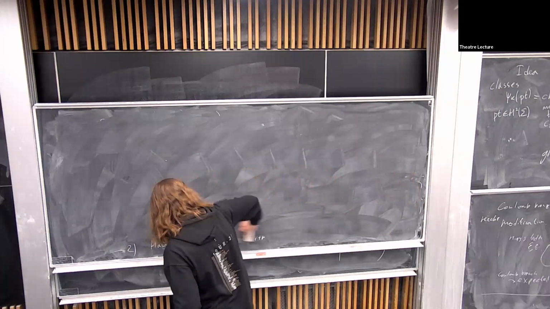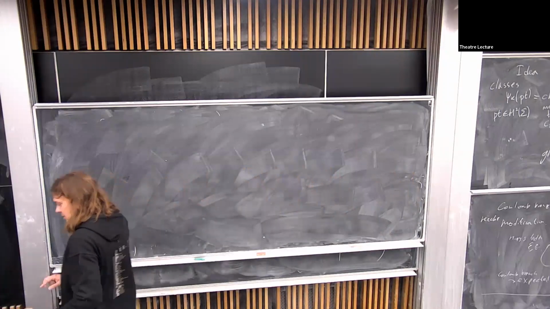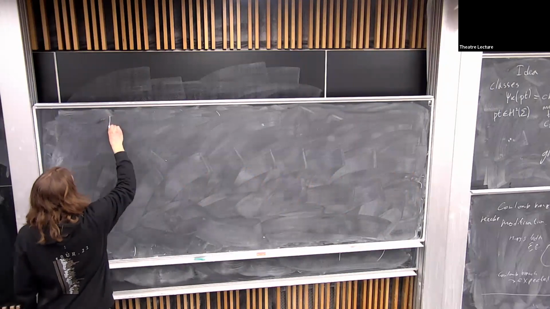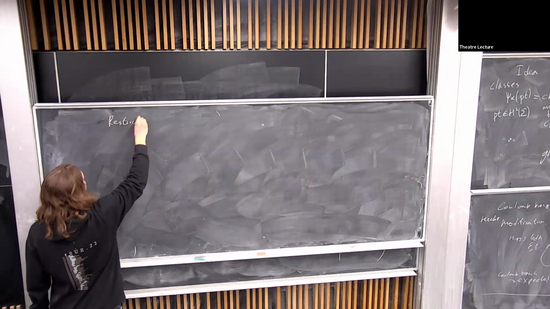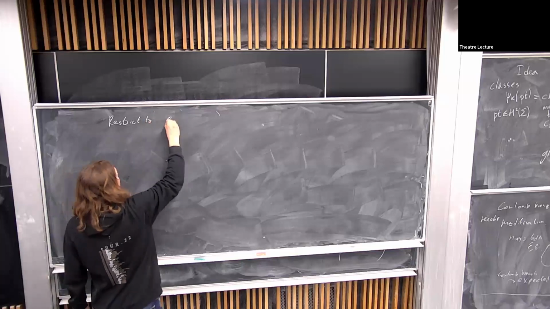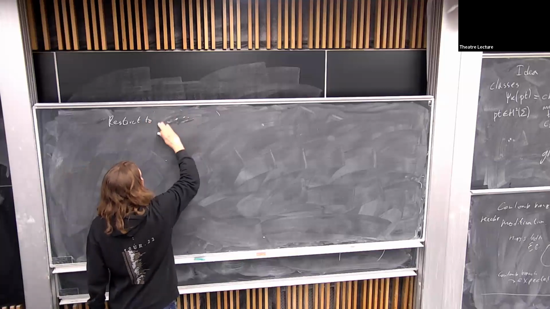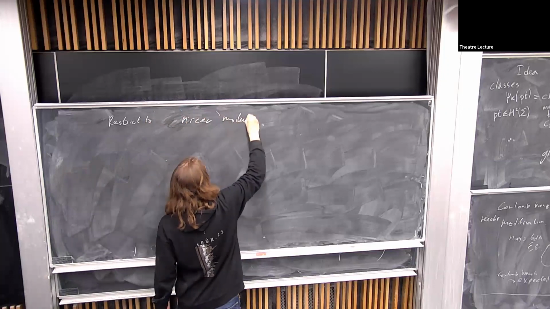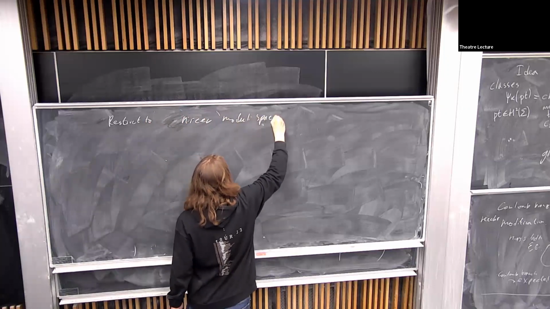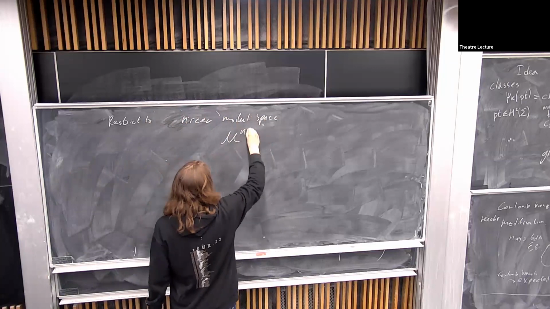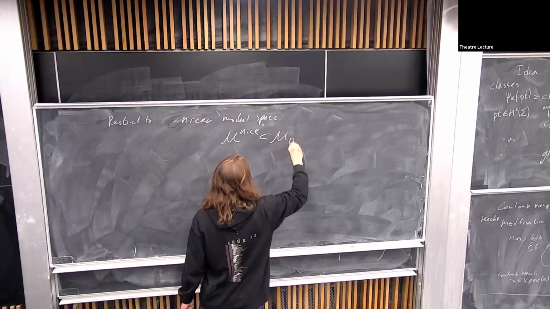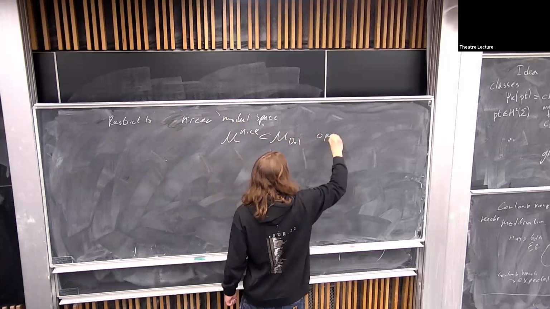And so for technical reasons, we have to restrict to an easier, nicer moduli space. Let's write it like this, and the nice one is sitting inside the M Dolbeault. It's open.